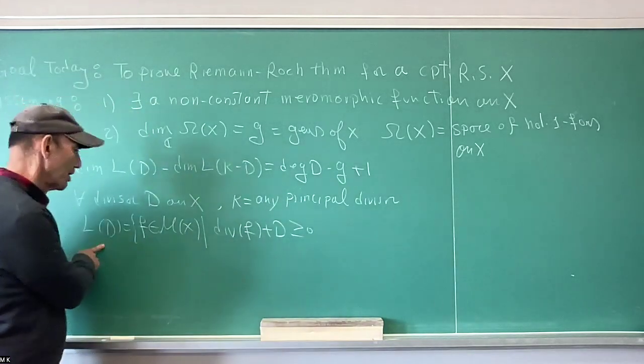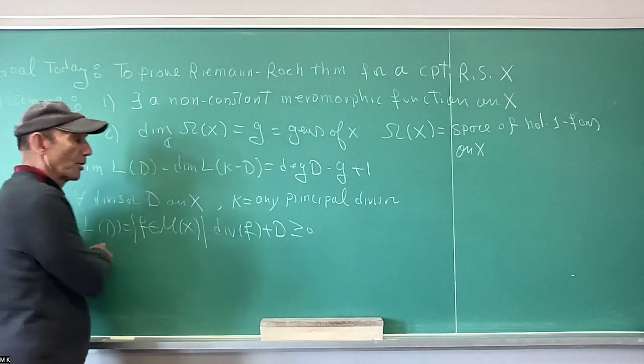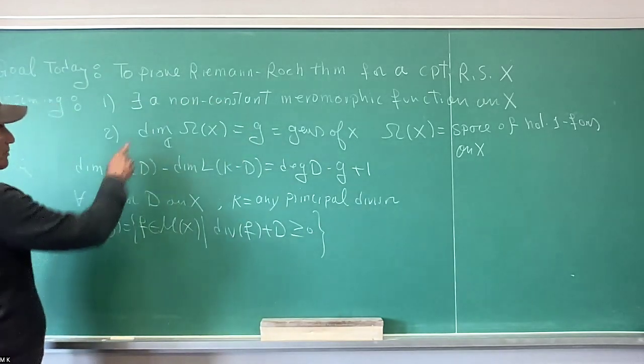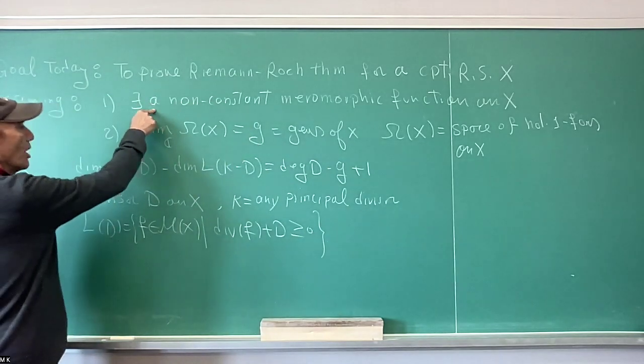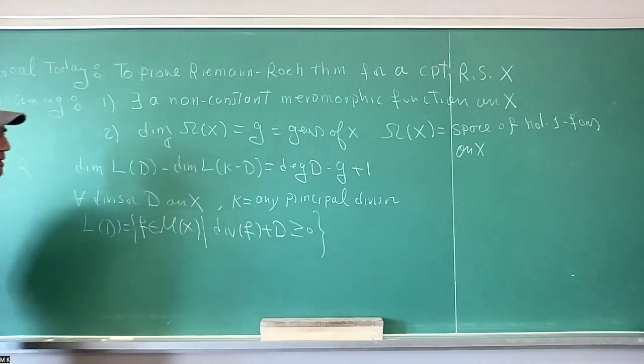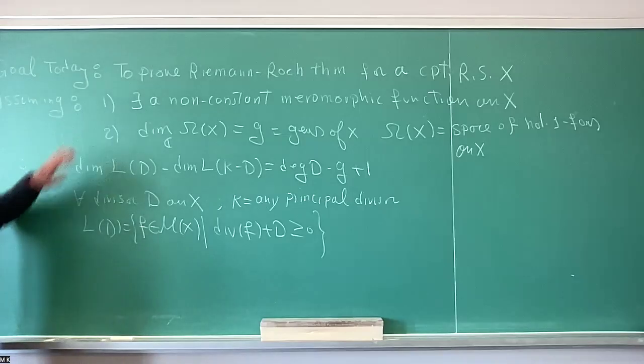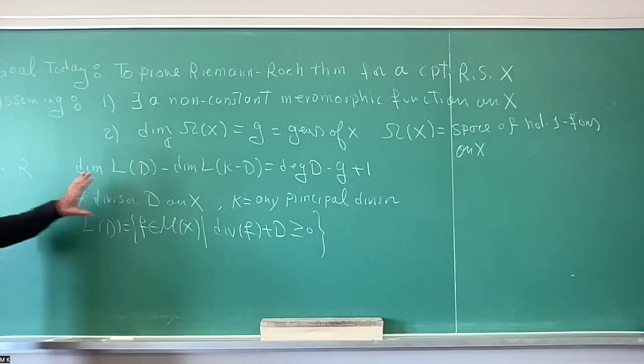This is highly non-obvious. To prove that this is finite dimensional, we had to use only condition one. Two is not used yet, but for the proof of Riemann-Roch, we'll use both one and two.